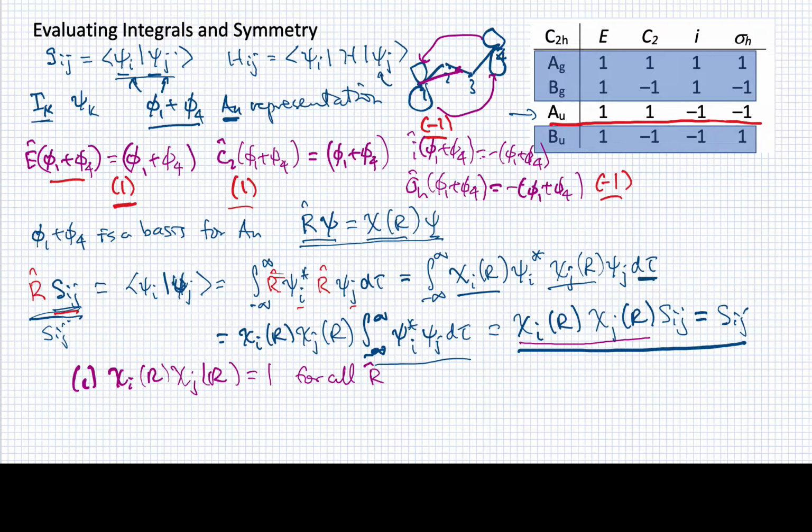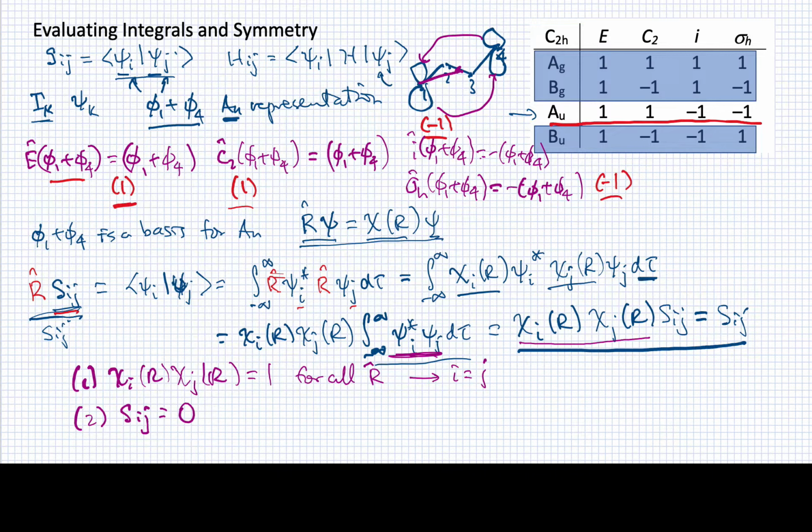The only time this is going to be true, that this product is equal to 1 for all of these symmetry operations, is if i equals j. The two irreducible representations are the same. So in other words, both of the functions that are involved in this overlap integral belong to the same irreducible representation.